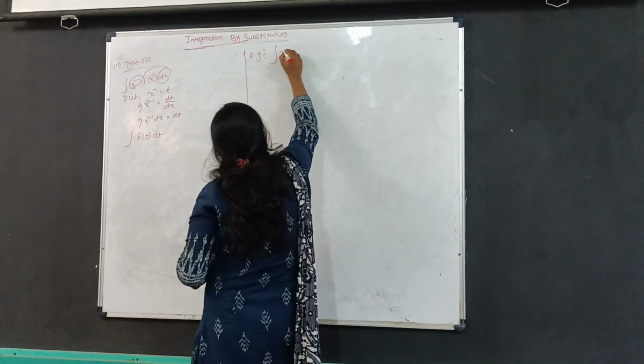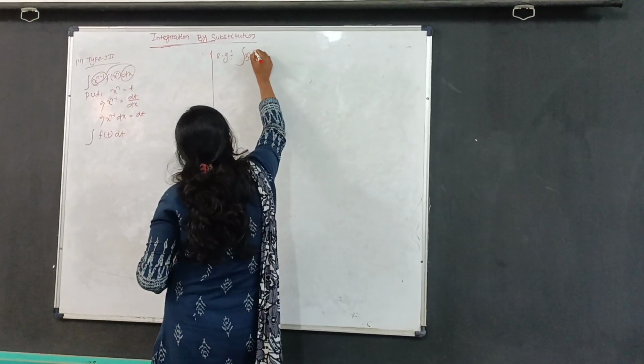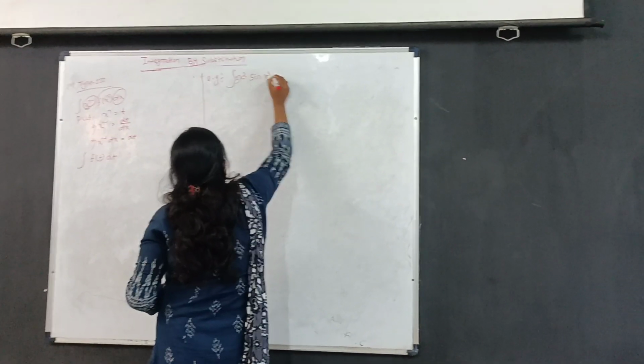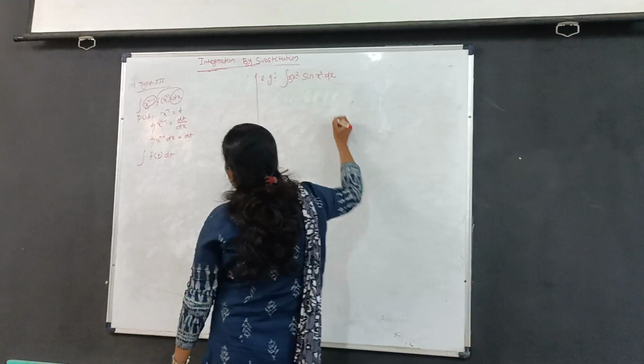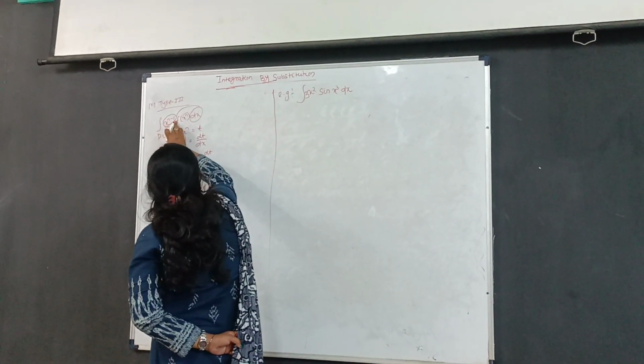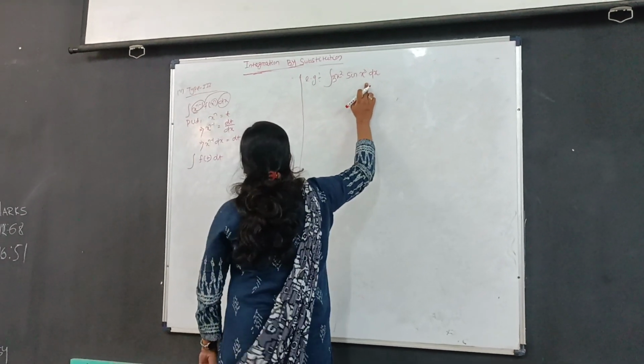Integration of 3x square sin x cube dx, which is also in the form x to the power n minus 1 f of x to the power n.